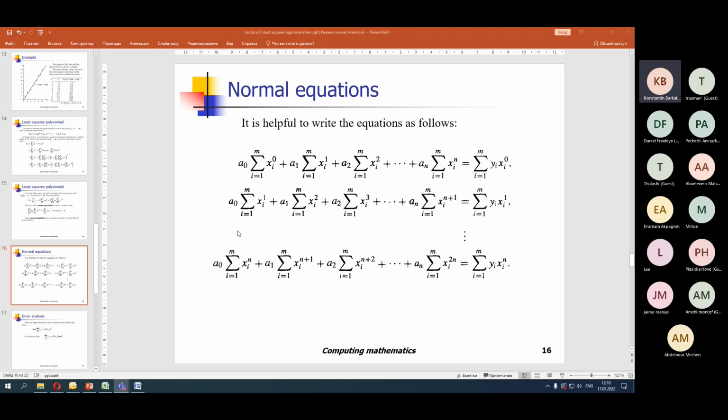The next equation will be a0 sum of x squares plus a1 sum of x power 3 plus a2 sum of x power 4. Remember that we discussed the case when n equals 2. So the last term will be x power 4, equal to the sum of yi xi squared.